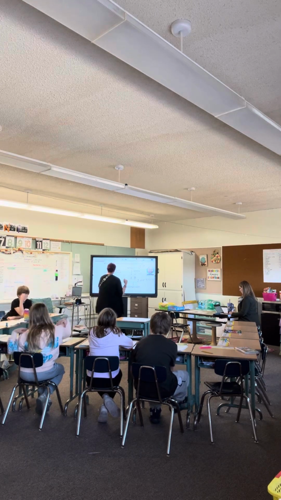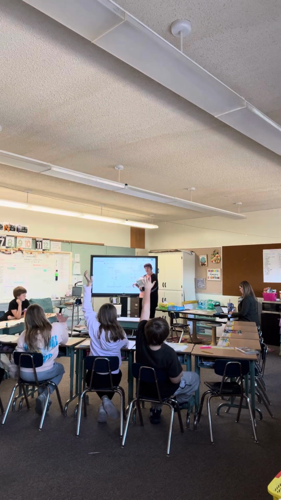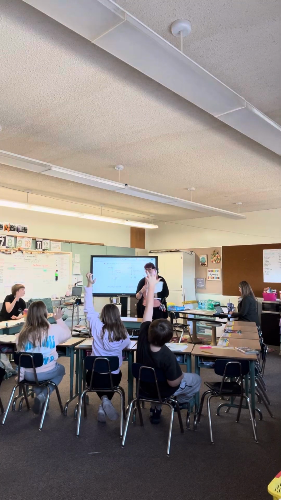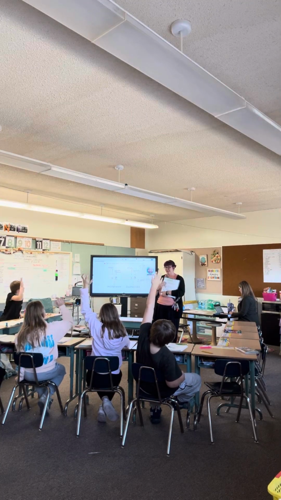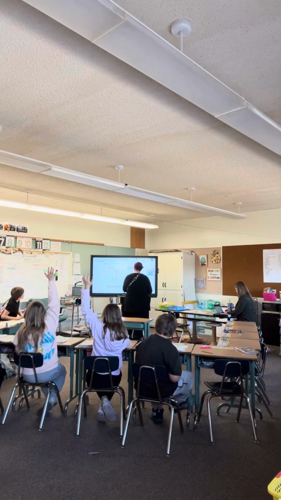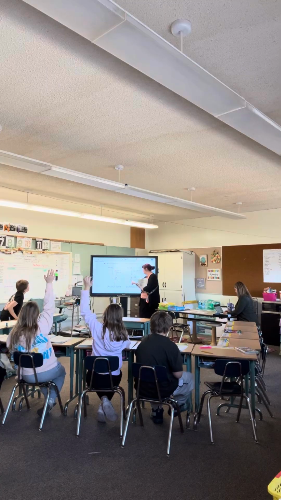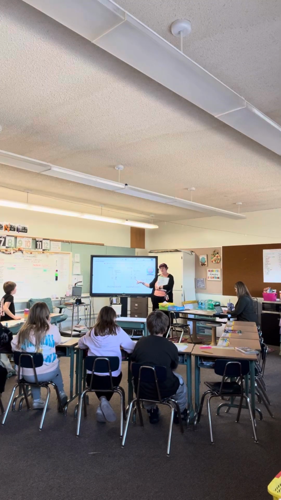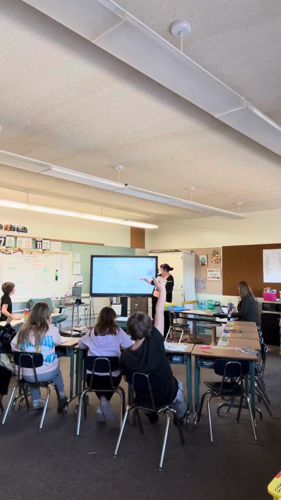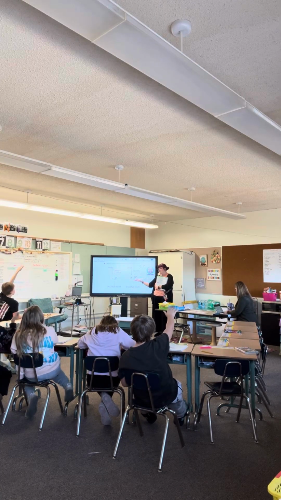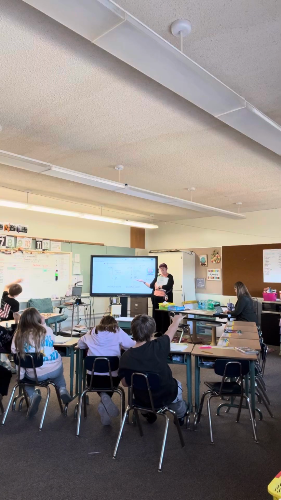What about this? 2.4. How do I say that in money? This might be a little bit tricky. Oliver? $2.04. So, this is the tenths place. So $2 and how much in cents? 40 cents.